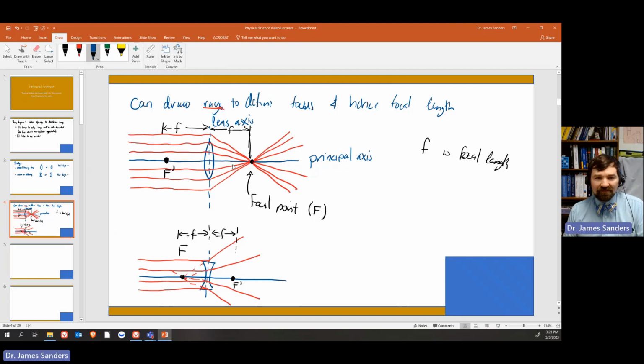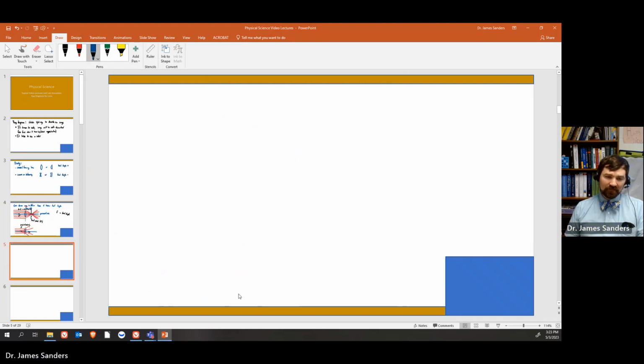So that's one way of finding where the focal point is: how far away from the lens do you have to hold the paper before it's on fire. And in fact, there should be a range of distances. Maybe this is where the paper starts burning and this is where it stops burning. So your focal point should be about midway between those two locations.